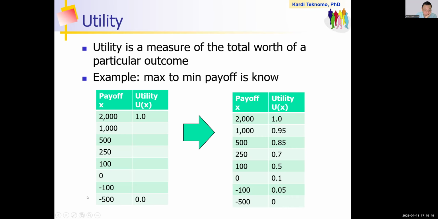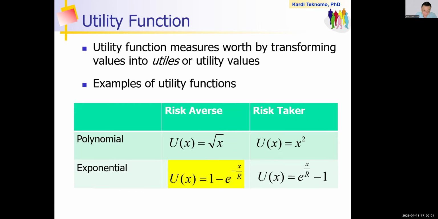Now using this kind of table between payoff and utility, you can plot. If you plot the utility, you can fit it into a function, right? So the utility function is a measure by transforming the values into utils or utility values.